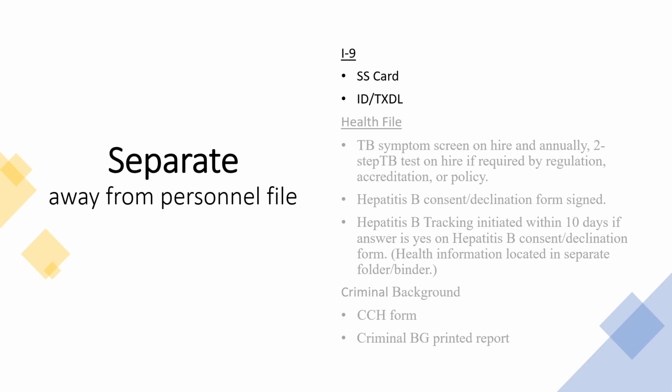So last time, in the last segment, we talked about personnel files, and we also discussed what needs to be separate from personnel files. Okay. Today we're gonna touch on the I-9 forms, and they should be separate, away from the personnel file, meaning filed separately, along with the identifying documents that verify who that person or prospective employee is.